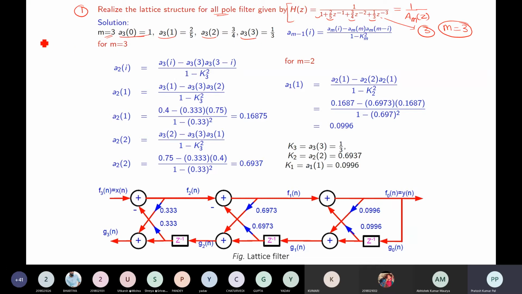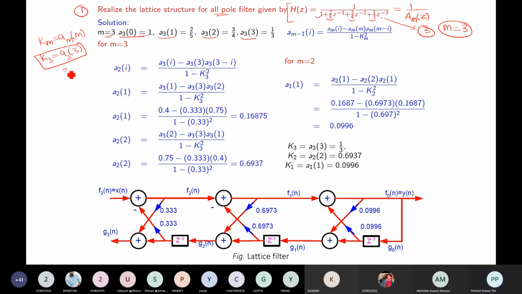We already know K_m is equal to A_m(m). So if m is equal to 3, then K3 will be equal to A3(3), which is 1 by 3.